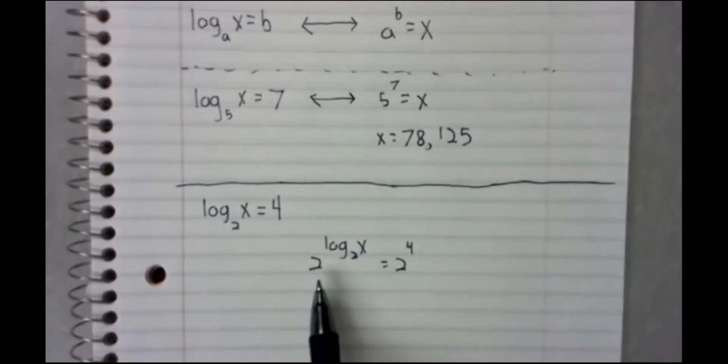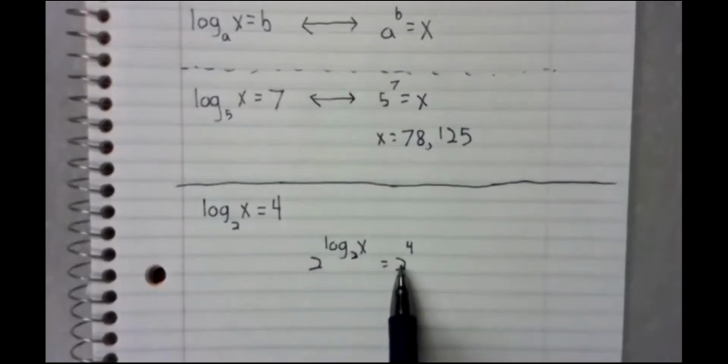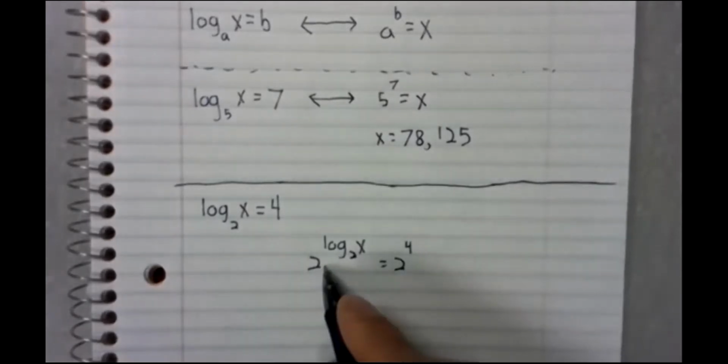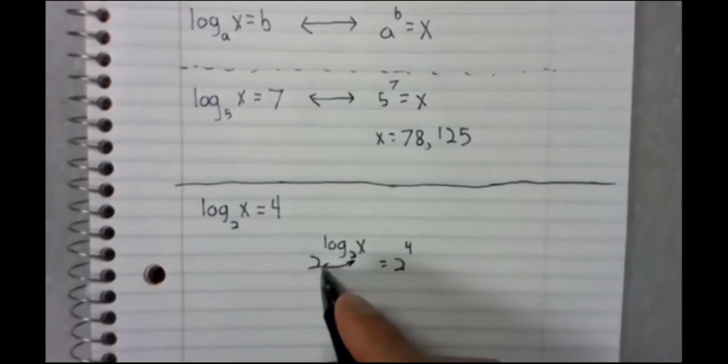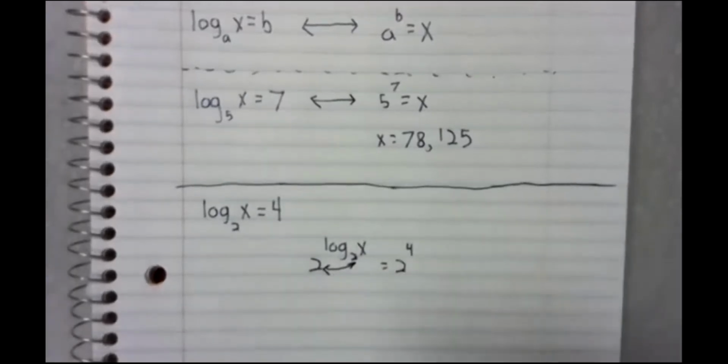Why this exponent in particular? Why 2 instead of 3 or 4 or anything else? Well, we used the same base as the logarithm.